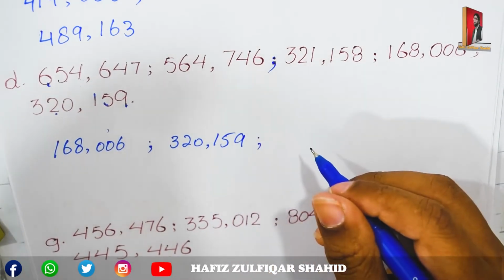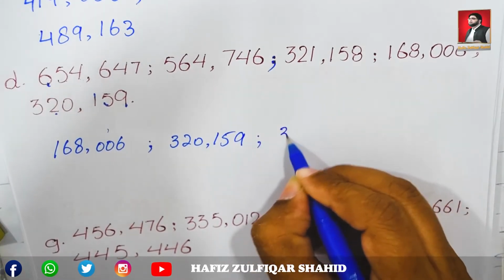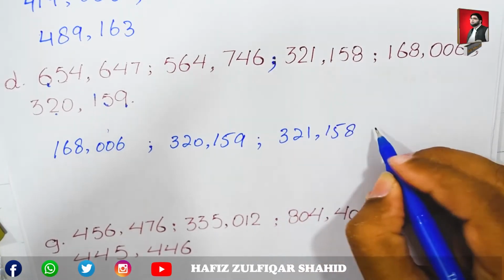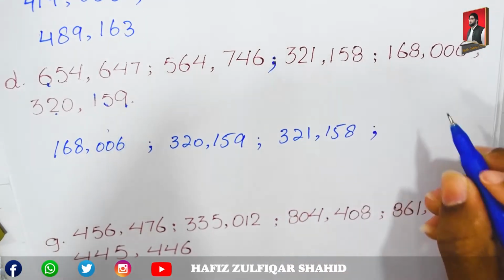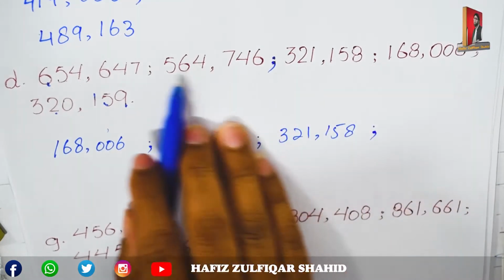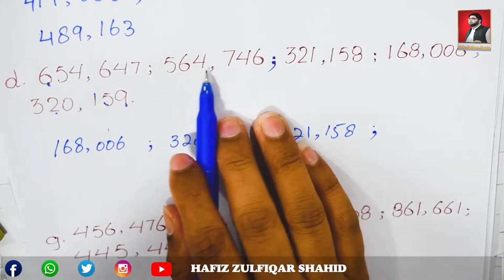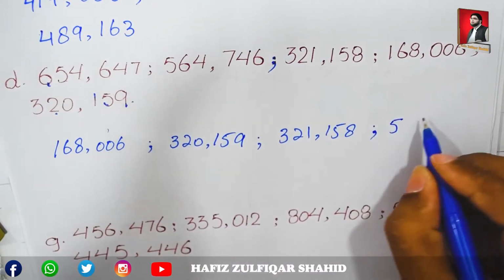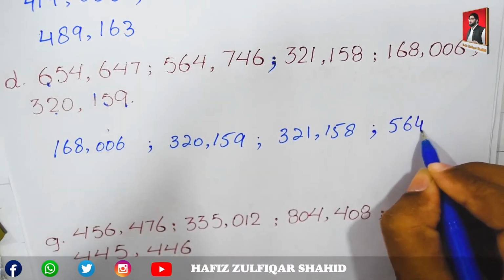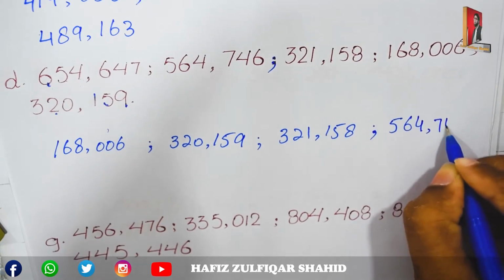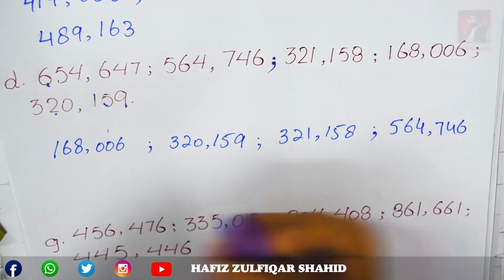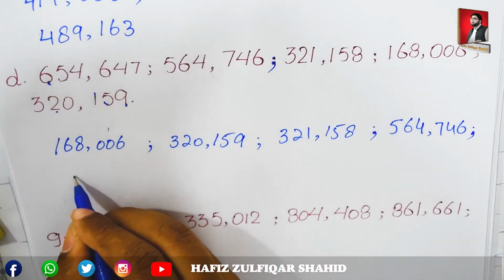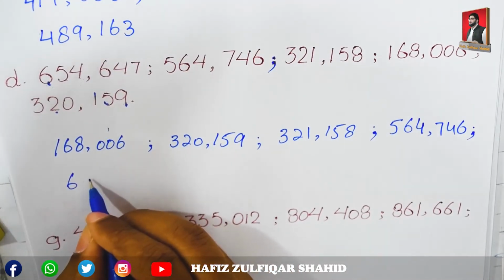Now the third one is 321 million. The fourth smallest is 564,746. In last, write the greatest value.